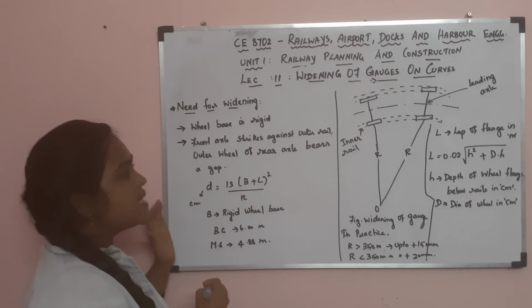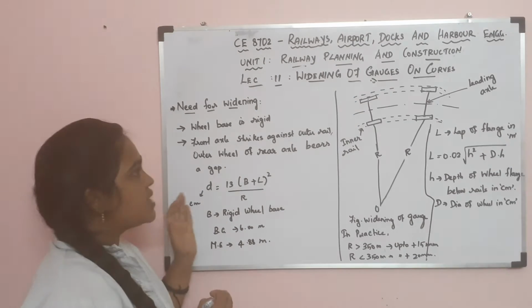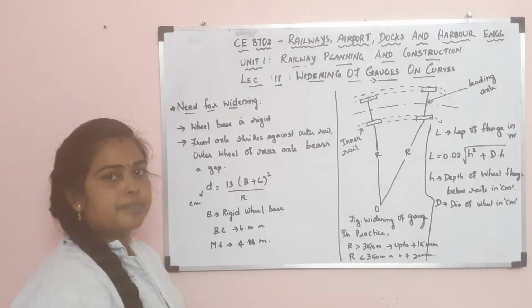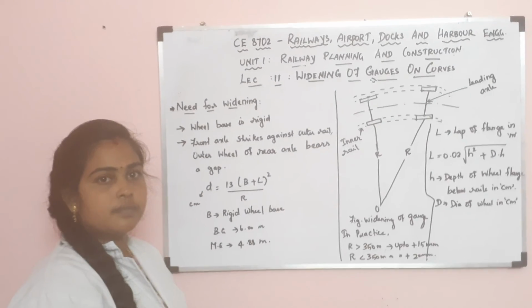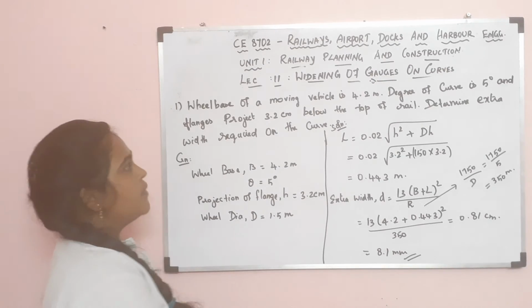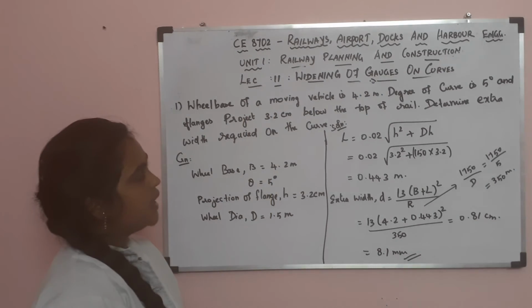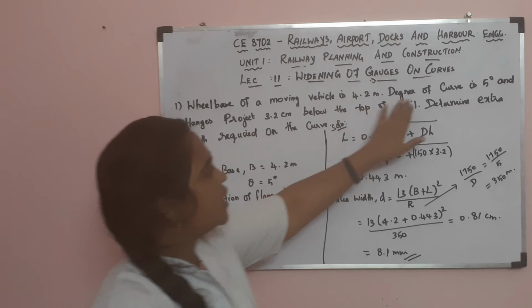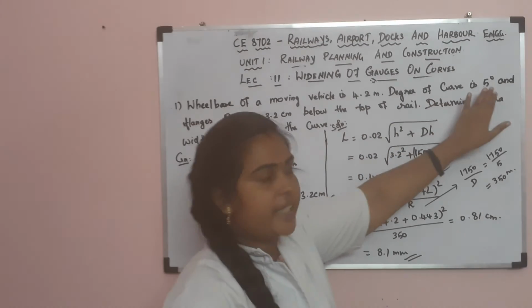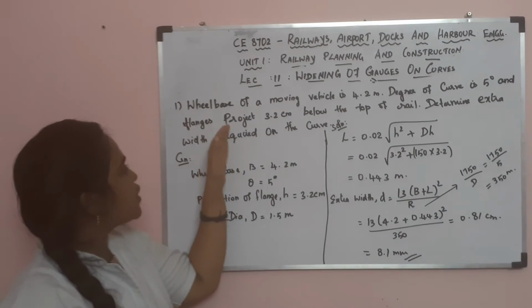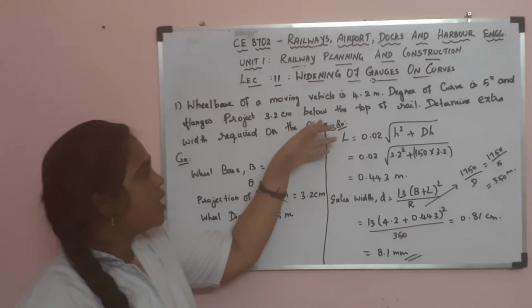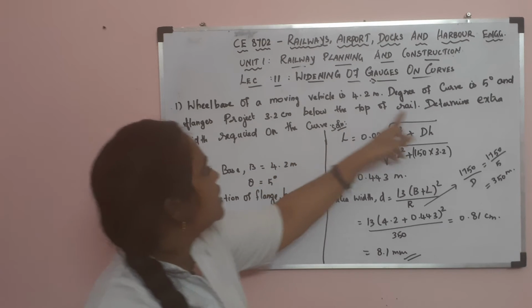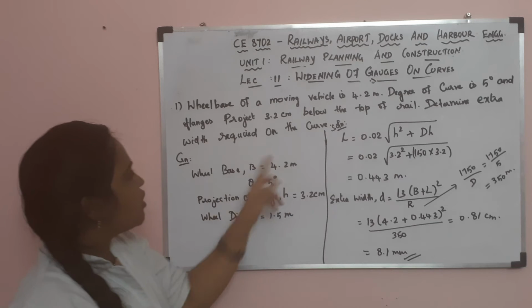So let us see the worked example of this widening of gauges. The wheel base of a moving vehicle is 4.2 meter, degree of curve is 5 degree and flanges project 3.2 centimeter below the top of rail. Determine the extra width required on the curve.